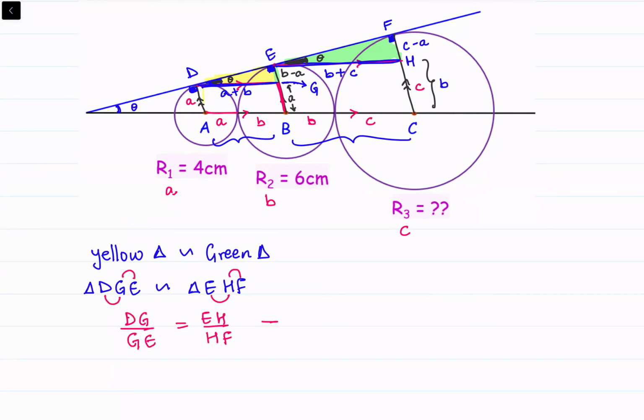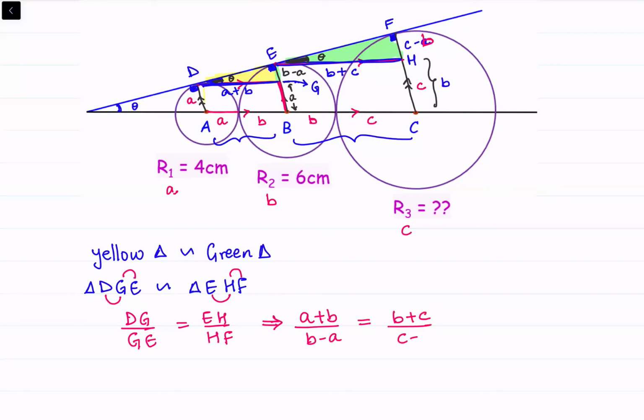Let's put the value of DG. DG is nothing but A plus B. GE is B minus A. This is equal to B plus C, since EH is B plus C, and HF is C minus B. Sorry, HF is C minus A. Let's correct this one.